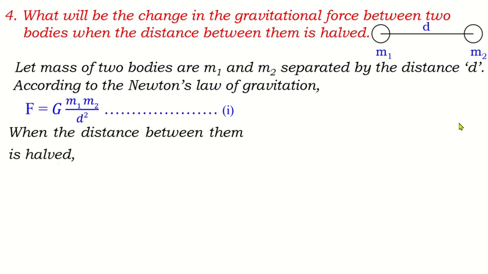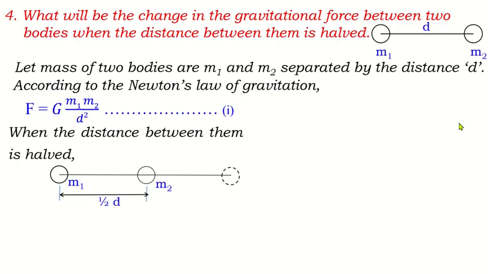The distance is halved. This can be understood with the help of this diagram. The previous distance was this much, let's say, and it is just halved, meaning d by 2. m1 remains the same, m2 remains the same. The distance is just half of the previous. It means the new gravitational force can be written this way: G remains the same, m1 remains the same, m2 remains the same, d is halved, meaning d by 2, and 2 square means 4.